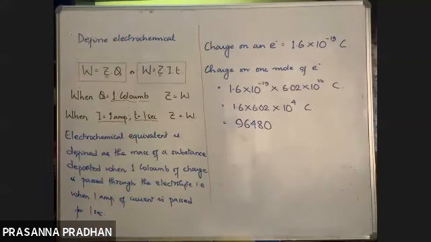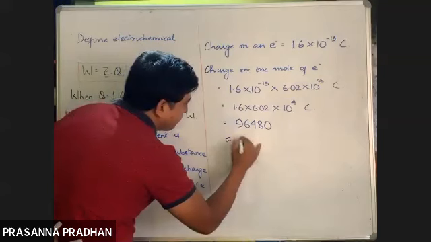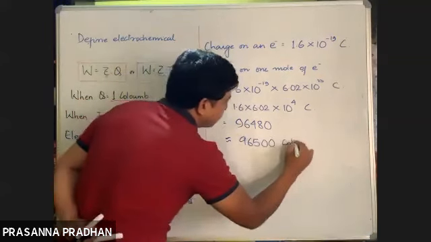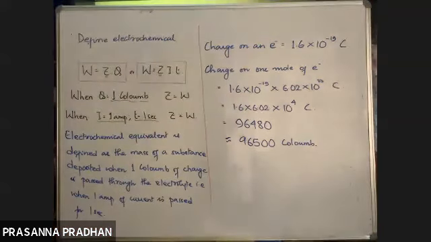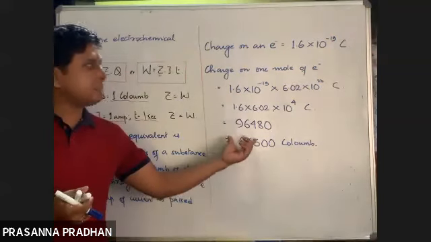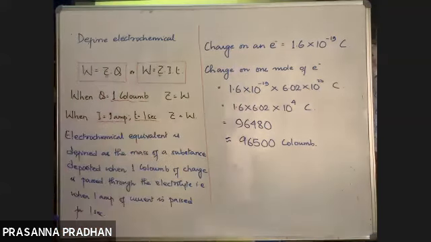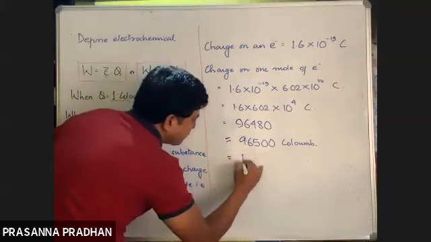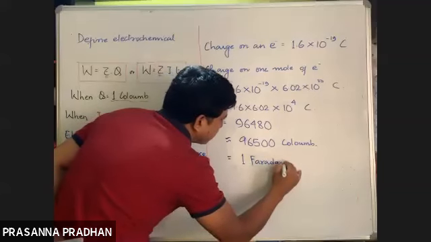Now, in order to make it easier for us to remember, this is approximated to be 96500 coulomb. So what is this 96500 coulomb then? It is the charge on 1 mole of electron. And this quantity 96500 coulomb is also known as your 1 Faraday.